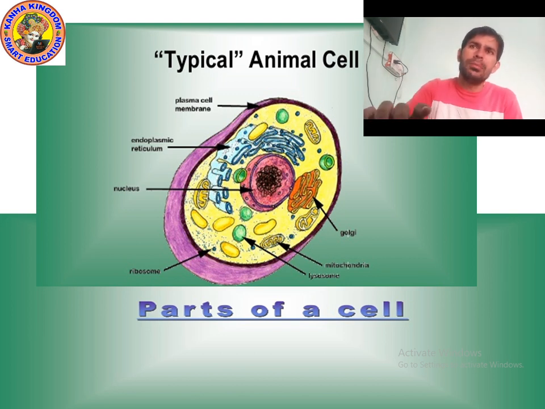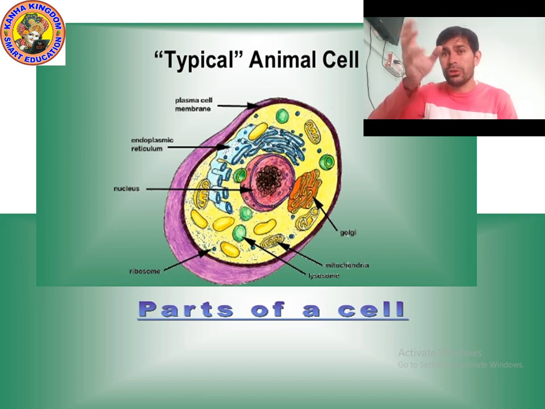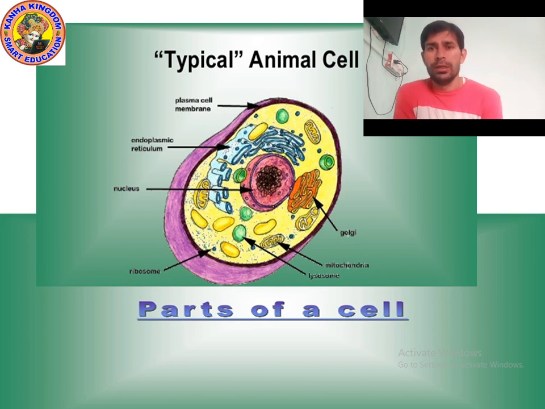But before we talk about this picture, let's revise whatever we studied in the previous class. We studied the cell theory and the discovery of the cell. Do you remember who discovered the cell?